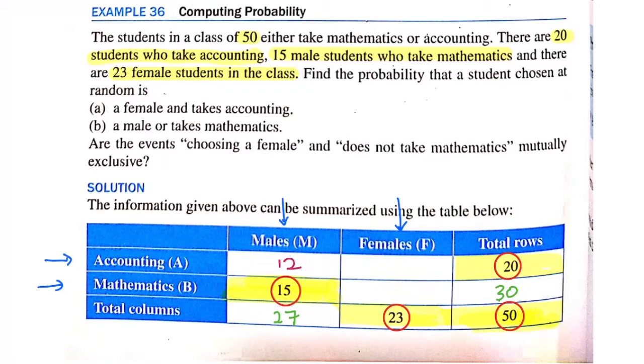Therefore, this cell here is 30 minus 15, which is equal to 15. And finally, we can focus on this row here. The total is 20. Accounting and males is 12. Therefore, here is 20 minus 12, which is equal to 8. So now we have finished drawing the contingency table.